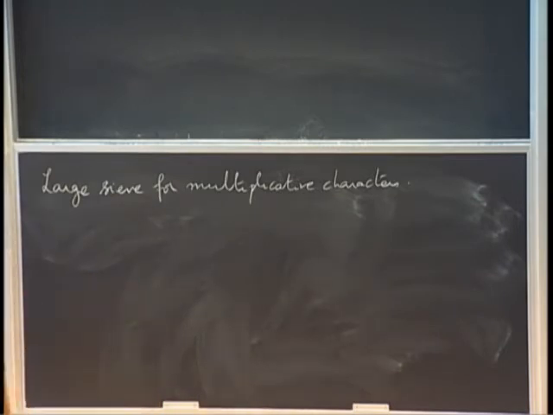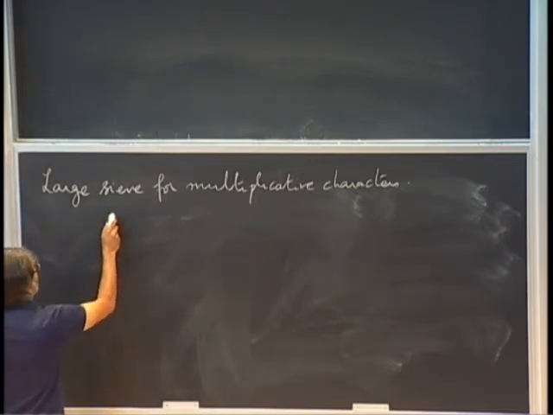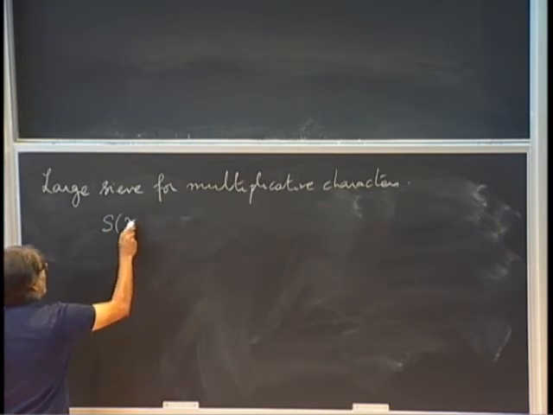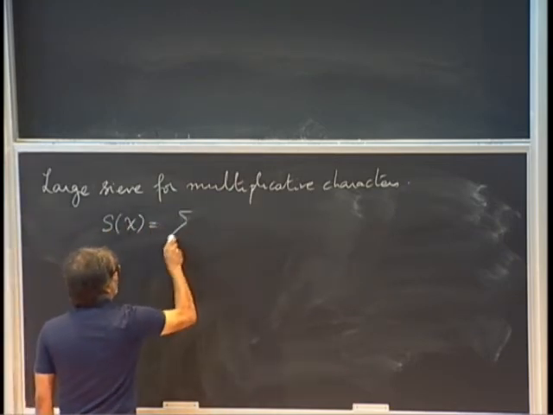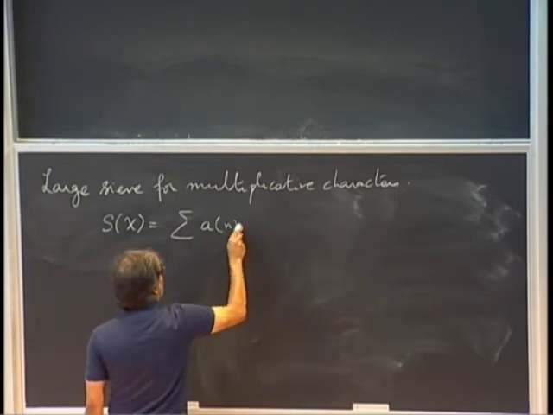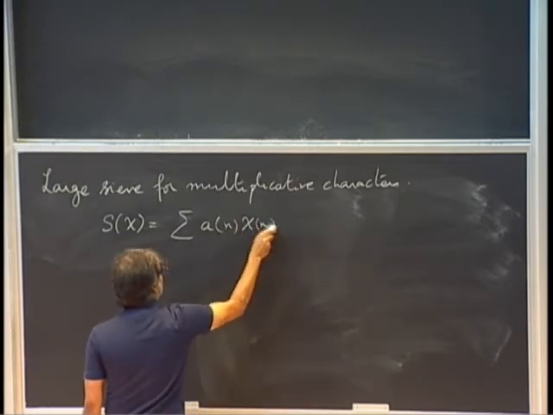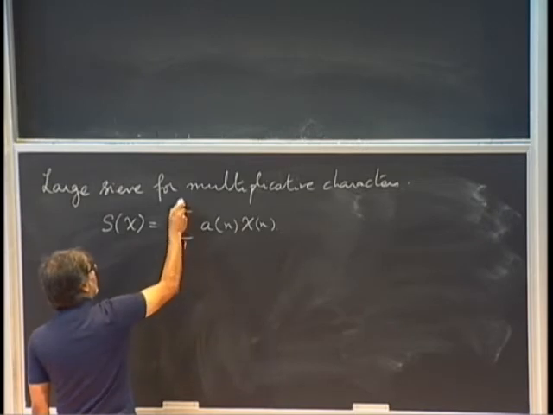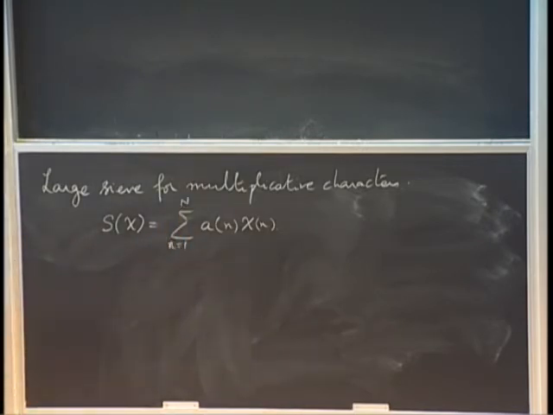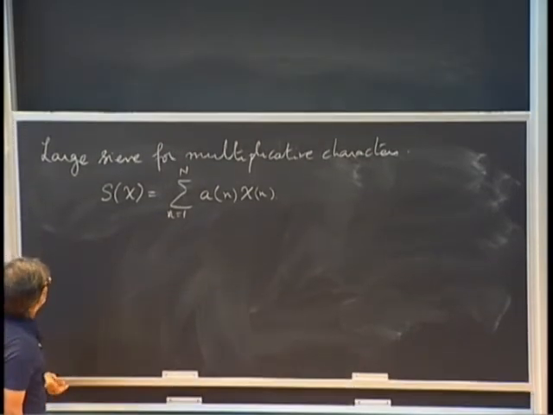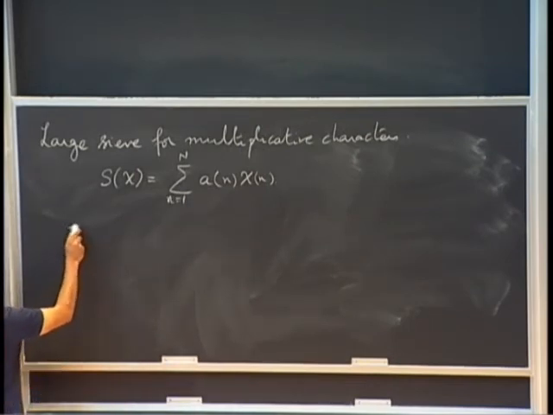So again, I'm going to assume that I'm given some arbitrary numbers a_n, and now let me call S of chi the sum of a_n chi of n. What I'm going to be after is a bound of the following form.